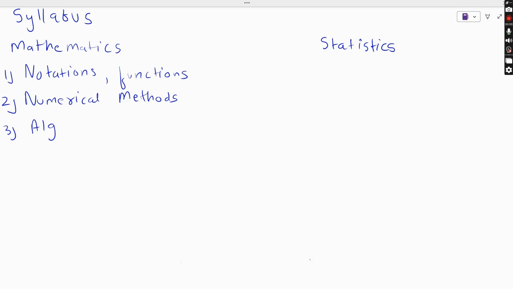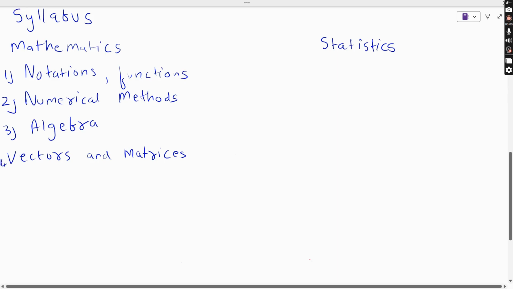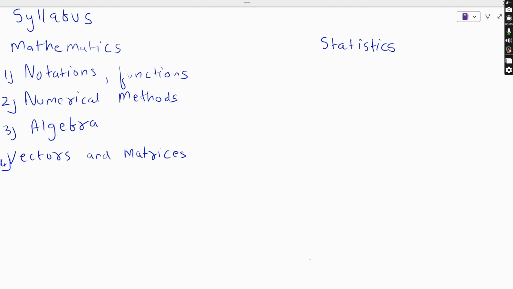Third is the algebra part, the quadratic equations and linear equations that we have solved in 10th and 12th standards. Then vectors and matrices. Students from the commerce background might not have studied vectors till now. So vectors will be a new thing for the commerce background people.